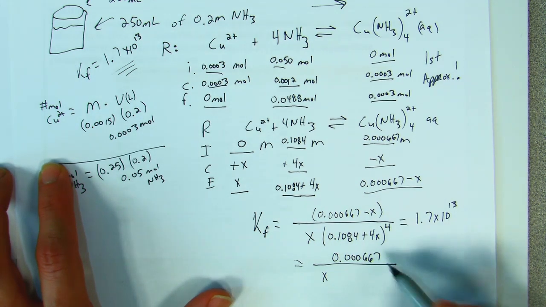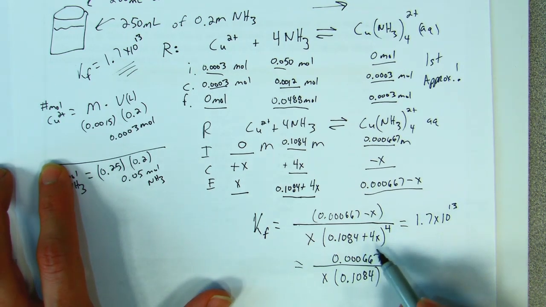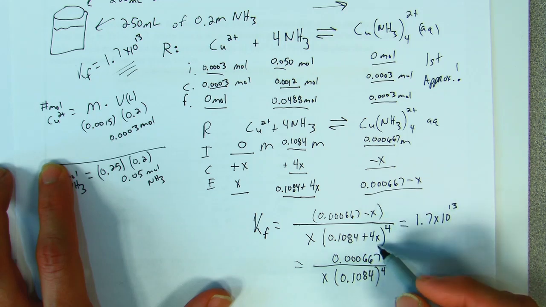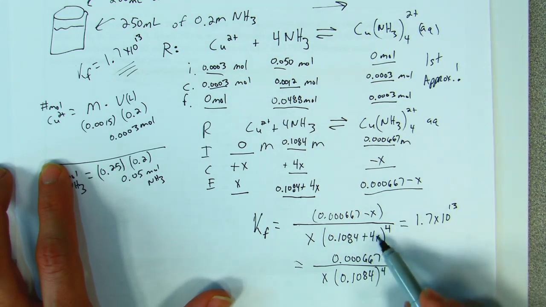I'll ignore this x in the assumption. And then I'll make a similar step here in the denominator. This 4x, I'll assume that 4x is really small compared to this 0.1084. Still got to raise it to the fourth power, but that makes my life easier because it gets rid of that term and that term, right?